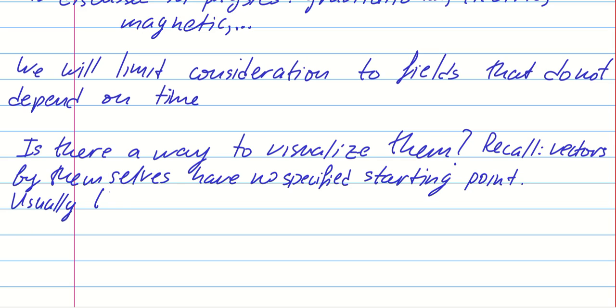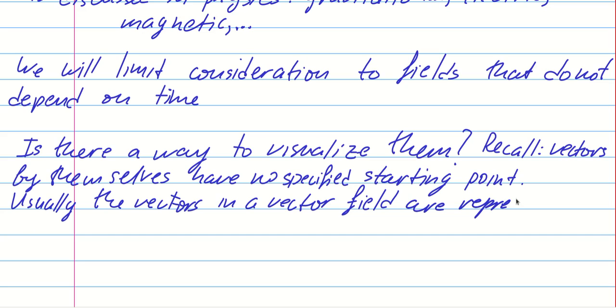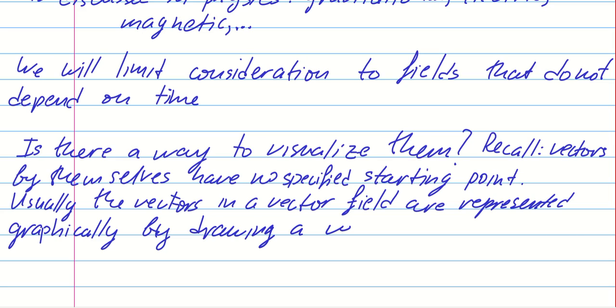Usually the vectors in a vector field are represented graphically by drawing a vector u, v, which is equal to f of x, y.